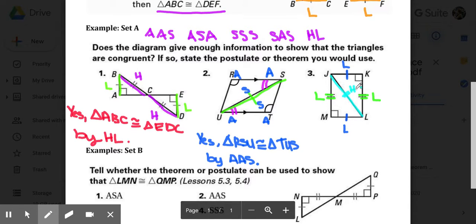That's a hypotenuse. So I'm gonna go ahead and say, yes, these are congruent by hypotenuse leg and write my congruent statement.